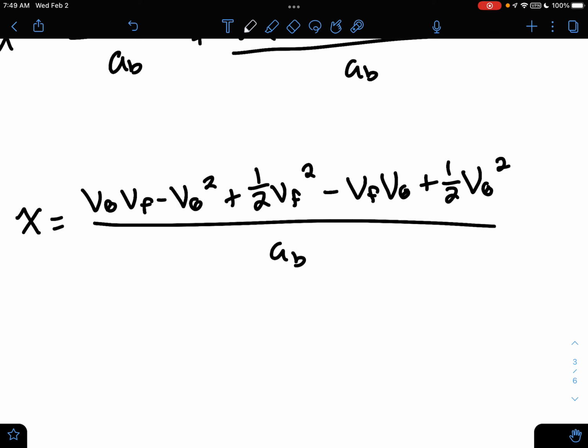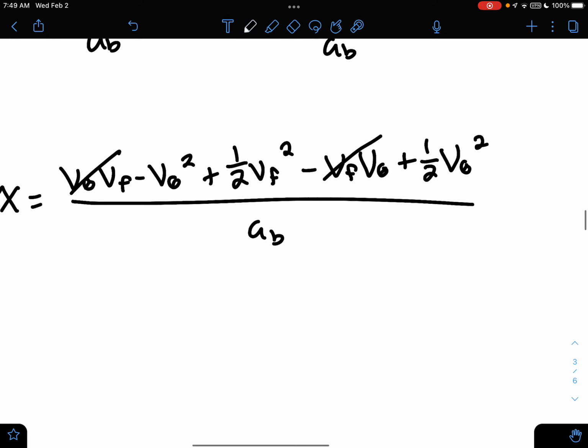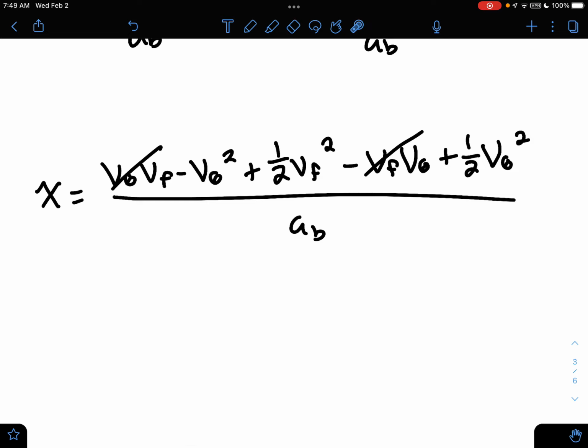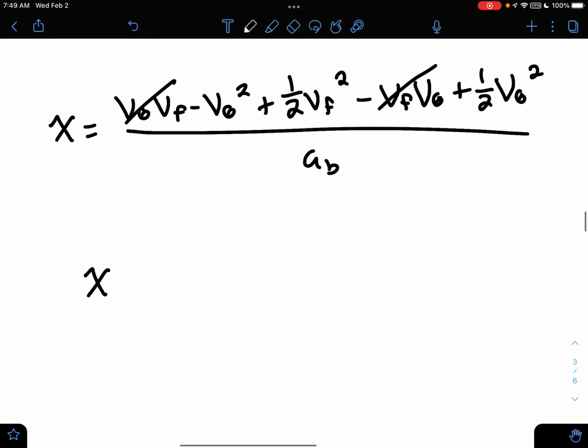Wonderful. Now v naught times v final and v final times v naught, one minus the other, the same thing. Alright. Negative v naught plus 1/2 v naught. It's just going to end up being, right, simplify that.